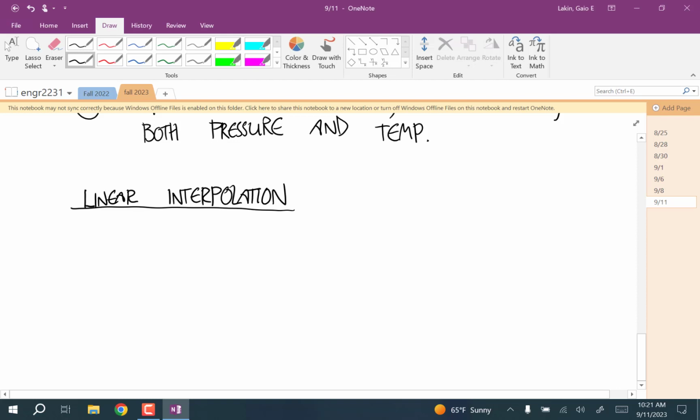Let's say we're going to first do it with just a single variable. On the vertical axis, we have our dependent variable. And on our horizontal axis, we have our independent variable.